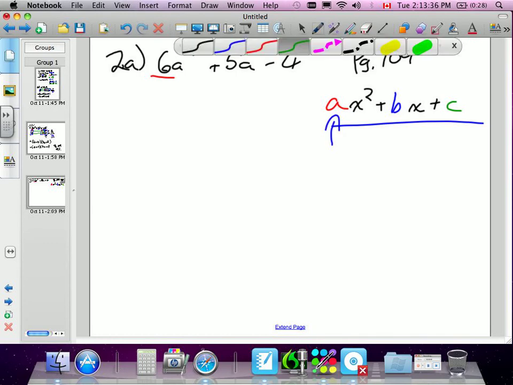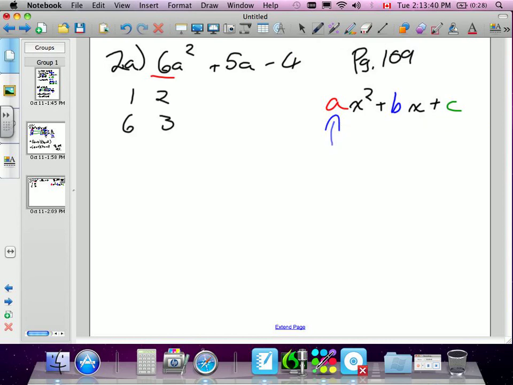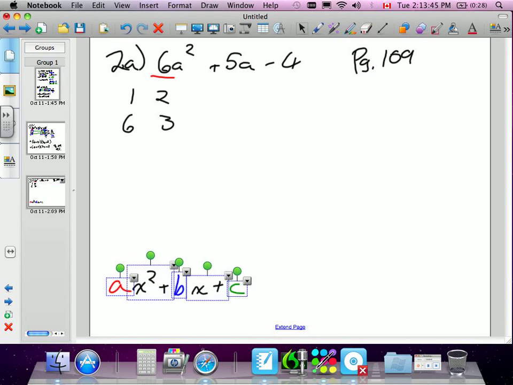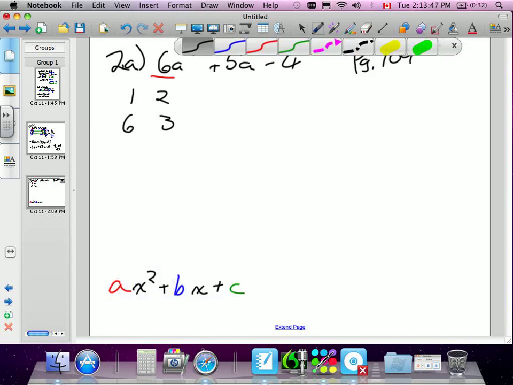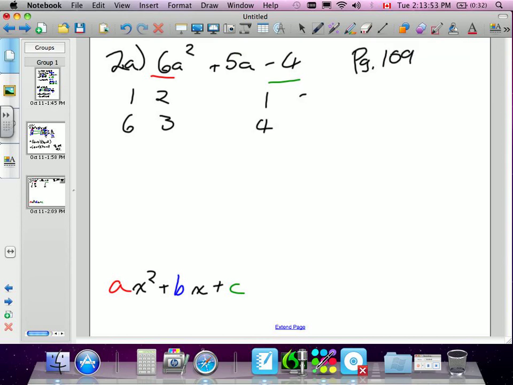So the factors of 6 are 1 and 6, 2 and 3. I'm just going to move this here because we're going to need that space. Then we need to find the factors of our c term, which is 4: 1 and 4, 2 and 2. Now remember, each of these are in their own column. They're separate from the other ones.